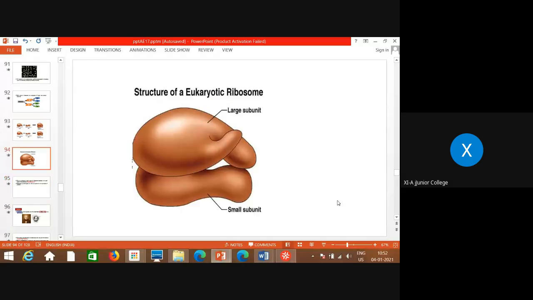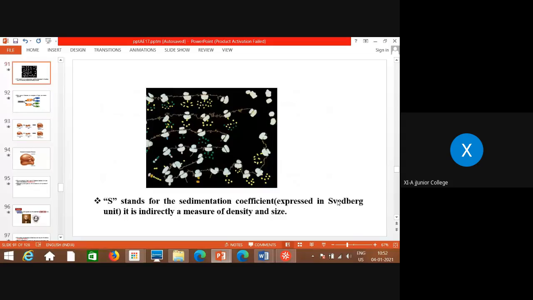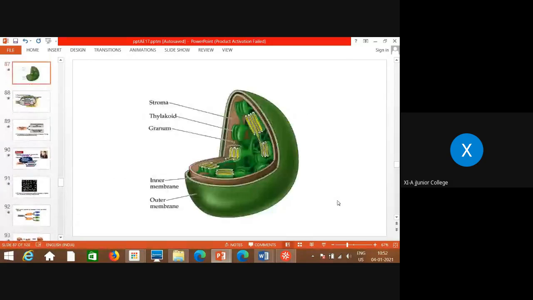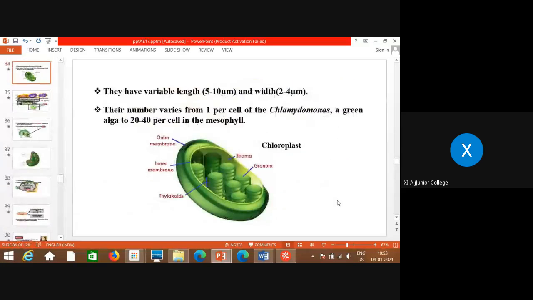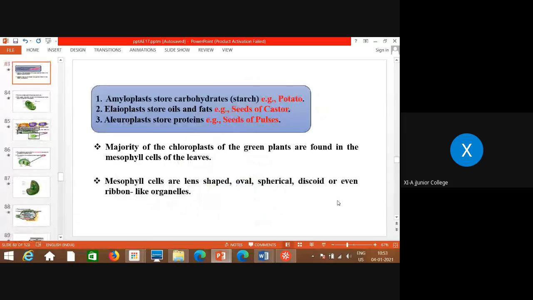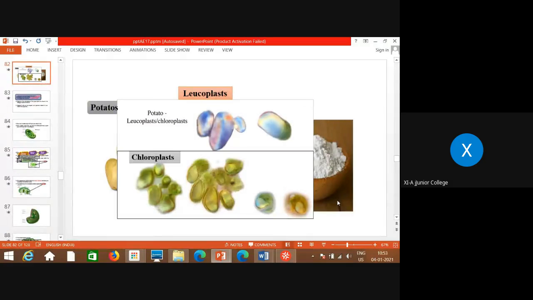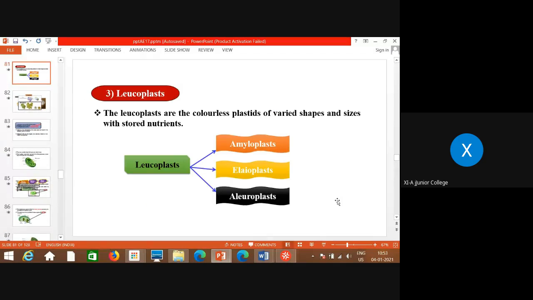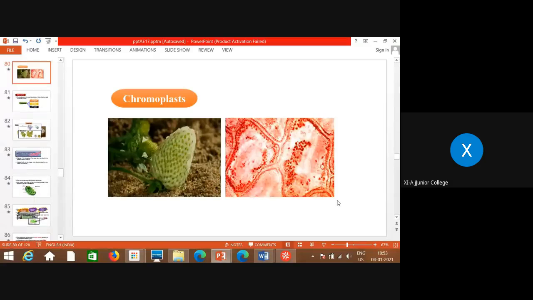So this is what we discussed about these organelles. I will repeat which organelles we discussed. That is ribosomes, then different types of plastids, chloroplast, chromoplast, leucoplast, then different types of leucoplasts.